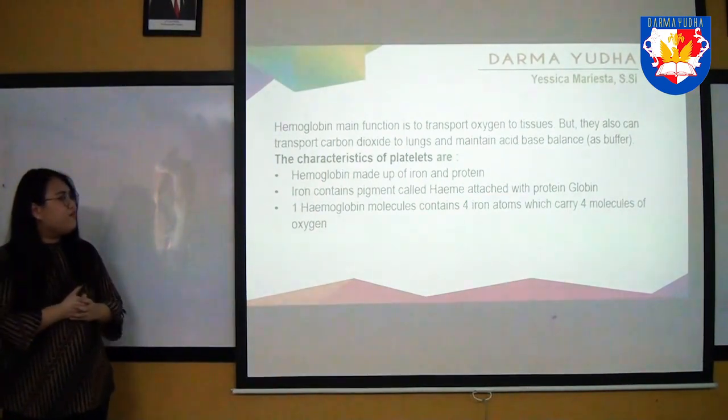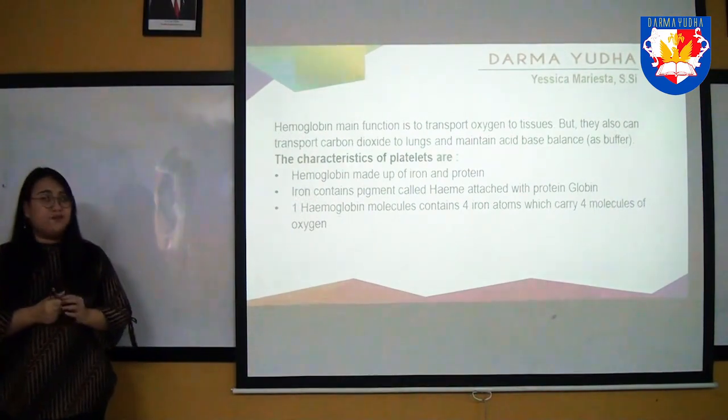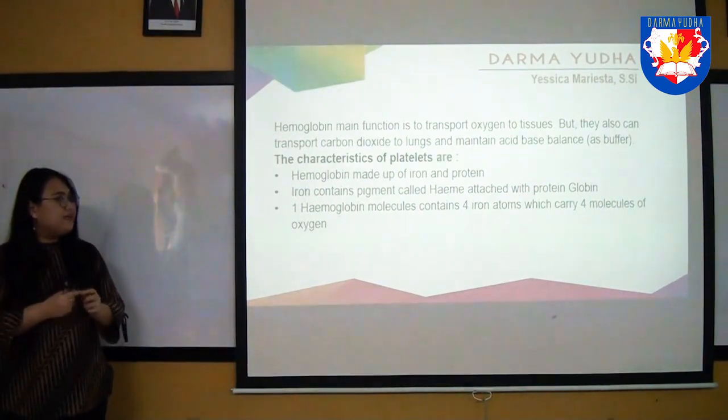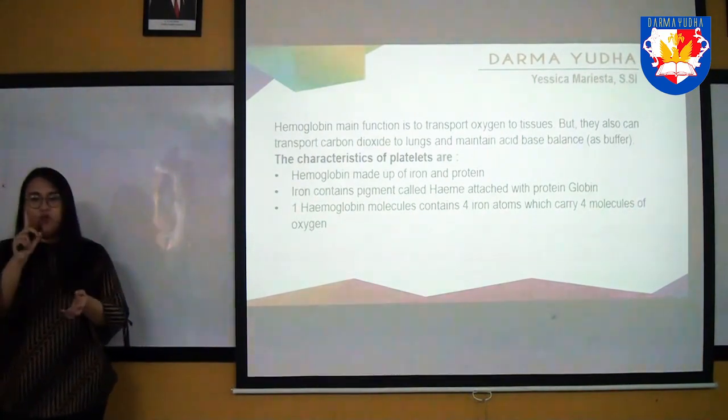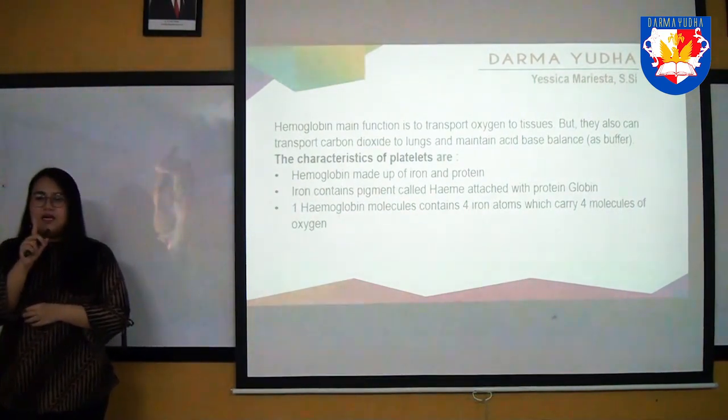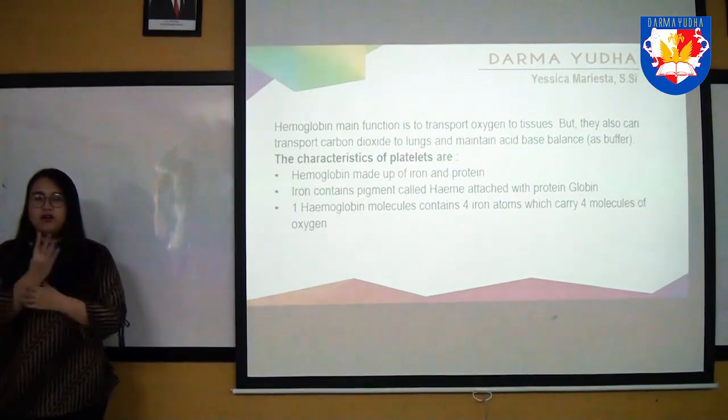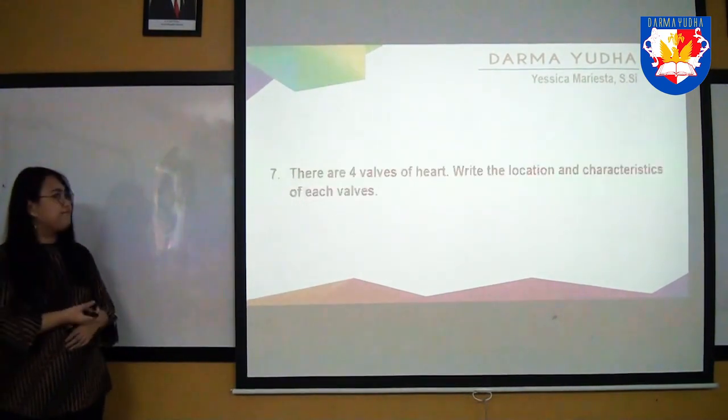The characteristics of hemoglobin: firstly, it is made of iron and proteins, and the iron contains the heme, which binds the globin, and one hemoglobin can carry 4 oxygen molecules.